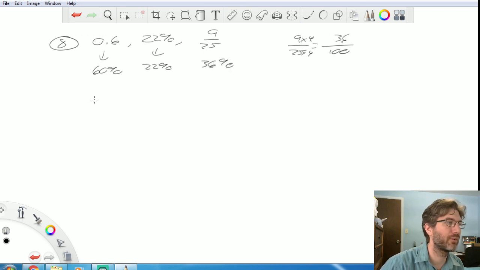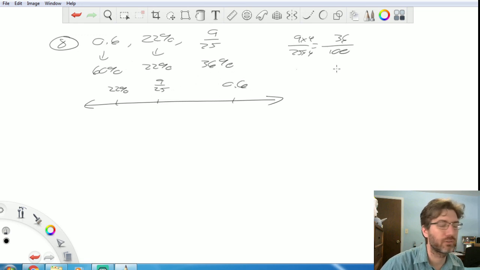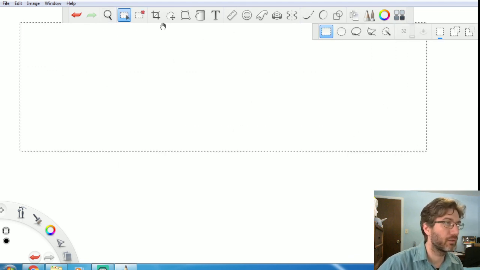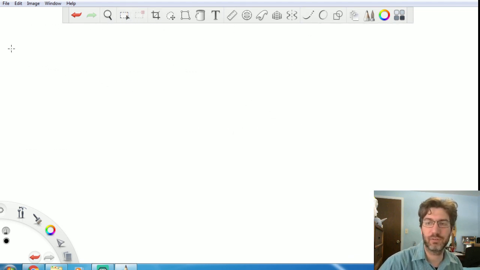And then you just write them on the number line in order, but use the actual thing. So 22% is first, that's written as 22%. 36% is second, that's written as 9/25. And 60% is last, and that's written as 0.6. So there's 8. I already did that. You can rewind the video and watch it later if you still need it.